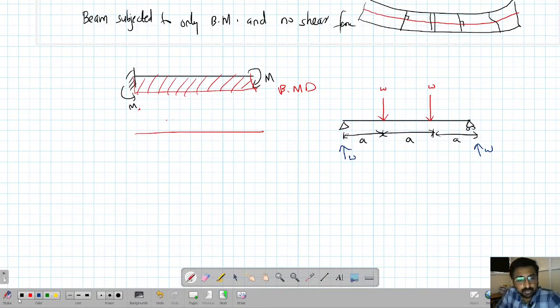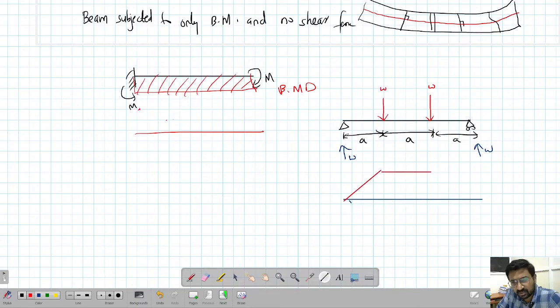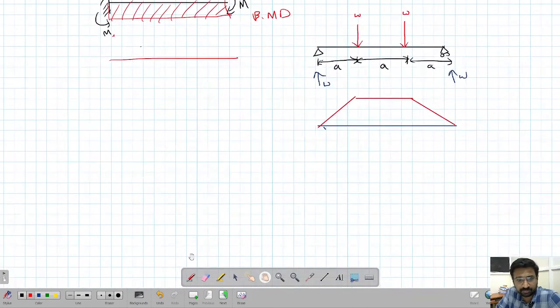Now, if I draw the bending moment diagram for this, you can take that up as an assignment. The bending moment diagram looks like this, and the shear force diagram looks like this.